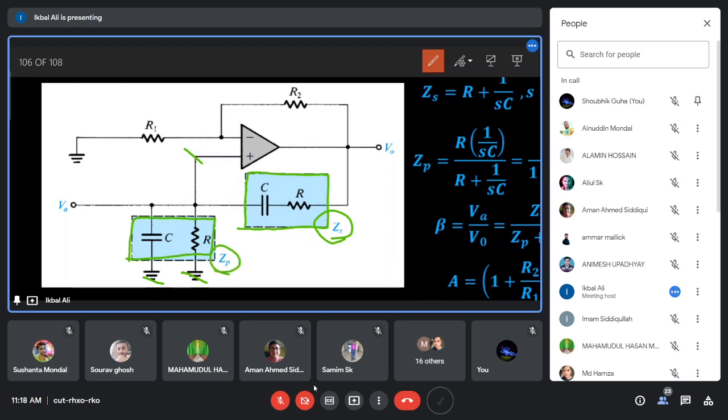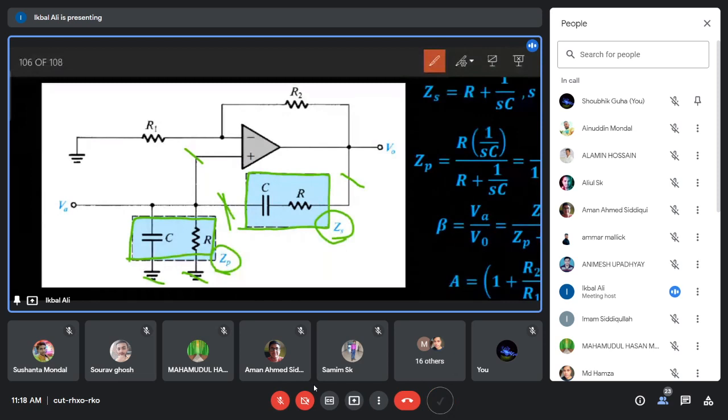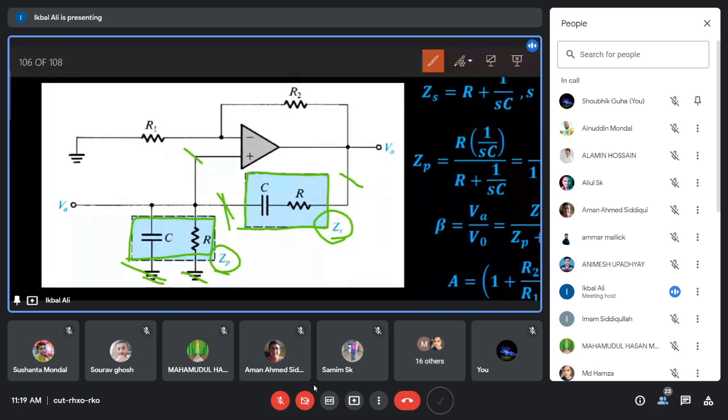So as if between this point and this point you have one impedance, ZS, and between this point and ground you have another impedance, ZP. This is the construction of the beta network. We are assuming single impedances to reduce the calculation, so that we can easily calculate the beta fraction of the circuit. ZS is the combination of CR, and ZP is the equivalent impedance of C and R in parallel.